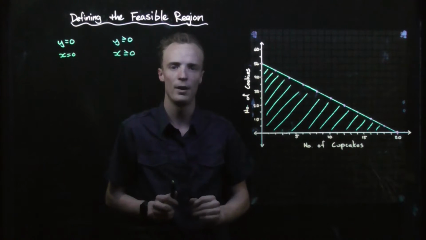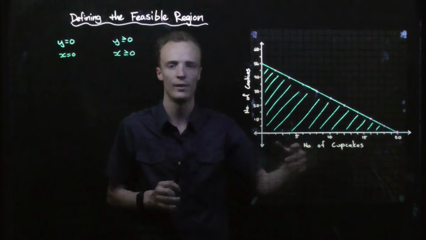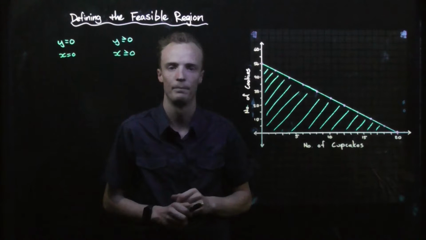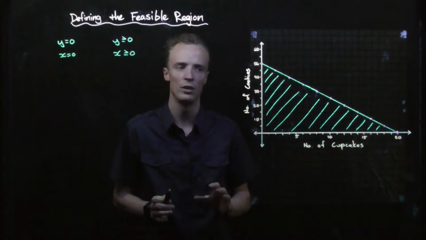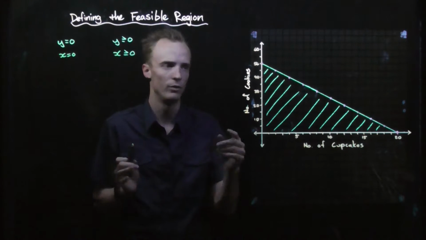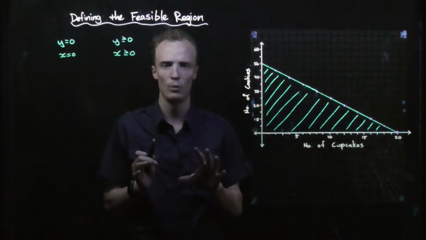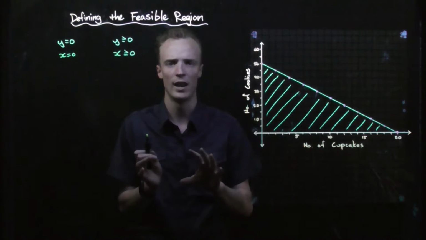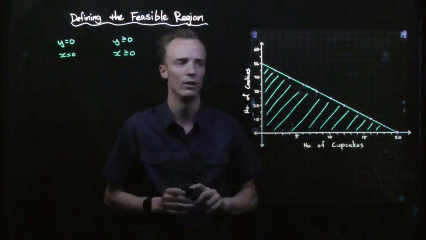We've got to start by finding the equation that represents the line of best fit there. Now there are several ways that you can do this, but for the purpose of this, I'm going to think about the problem itself. This line here is representing where we used our total budget, our total cost of $10.